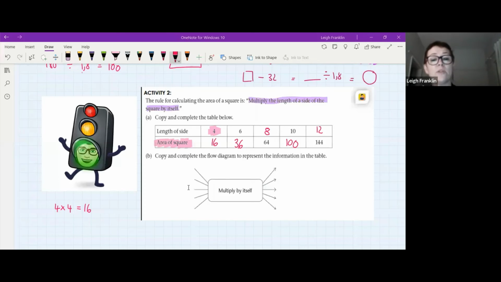All right. So I tell you what, since you are next, why don't you tell me how to fill in the flow diagram? Ma'am, for the flow diagram, ma'am, we're going to be using square roots, ma'am. So, ma'am, for the first one, ma'am, we're going to say the square root of 4, which gives us 16, ma'am.